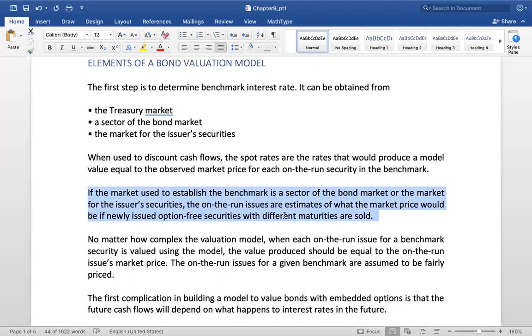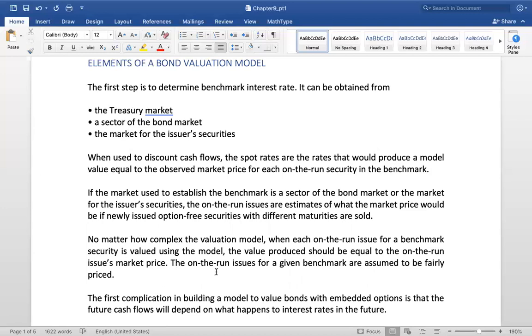So if the benchmark is a sector of the market, no matter how complex the valuation model, when each on-the-run issue for a benchmark security is valued using the model, the value produced should be equal to the on-the-run issue's market price, right? So whatever model we use, the value we should obtain should be the market price. And the on-the-run issues for a given benchmark are assumed to be fairly priced in that particular model.